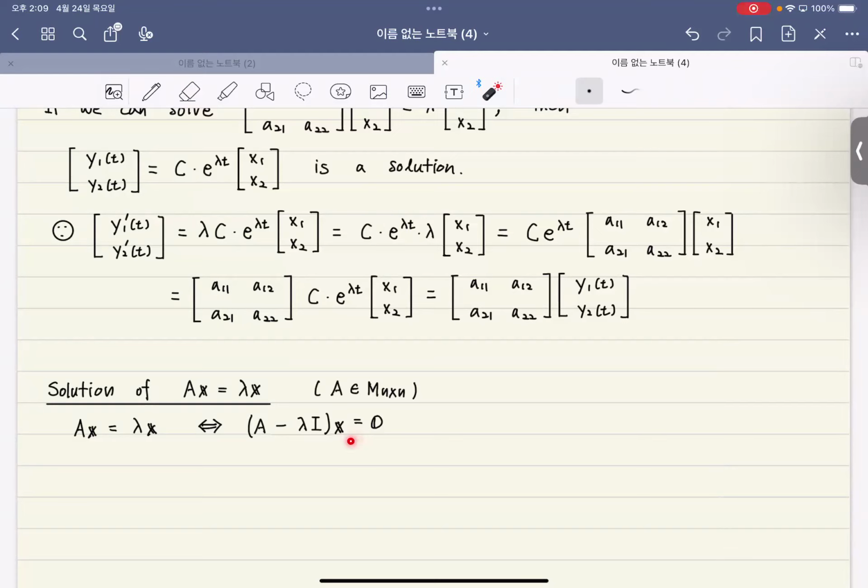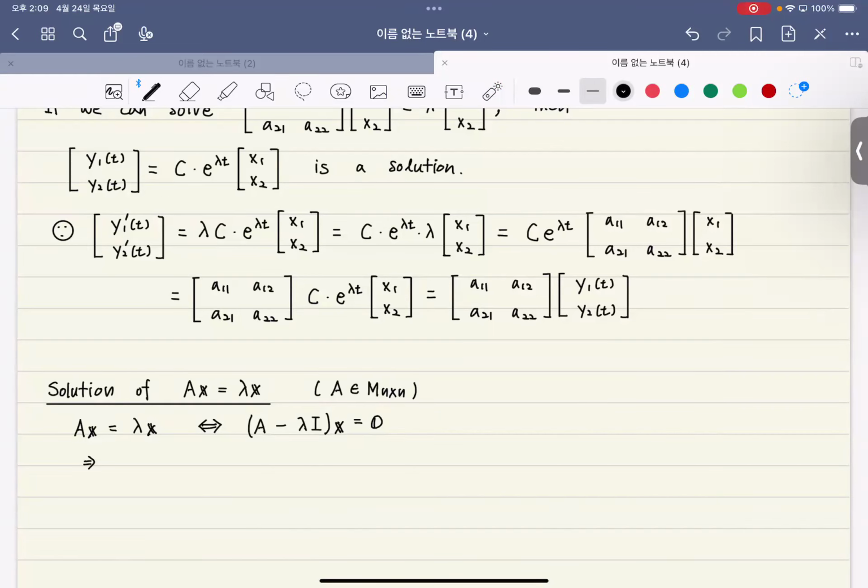So to find the eigenvector, the eigenvector must be some non-trivial element in the null space of this matrix. This is an n by n matrix, right? So in order to have the eigenvector, A minus lambda times I must be a singular matrix.